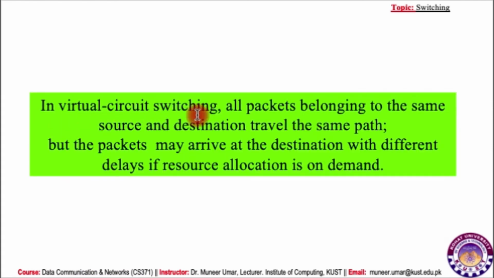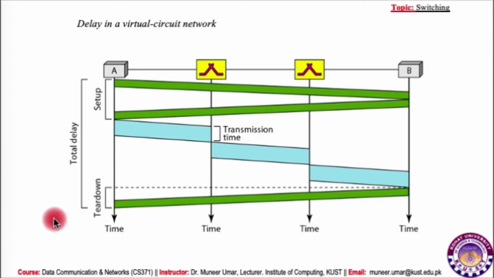In virtual circuit switching, all packets belonging to the same source and destination travel the same path, but the packets may arrive at the destination with different delays if resource allocation is on demand. Now let's talk about the delay in a virtual circuit network. There is one time delay for setup and one time delay for tear down.